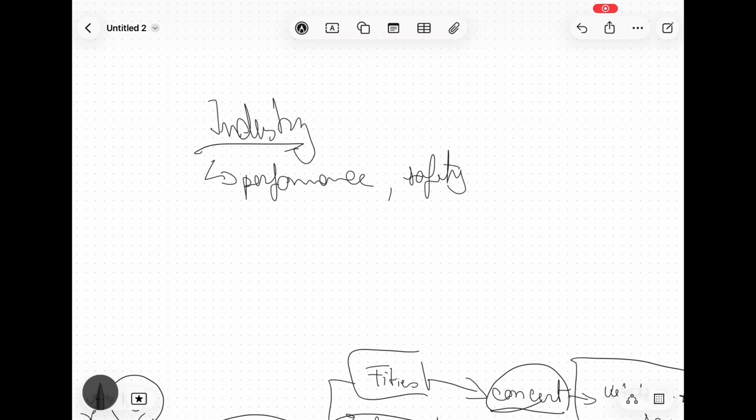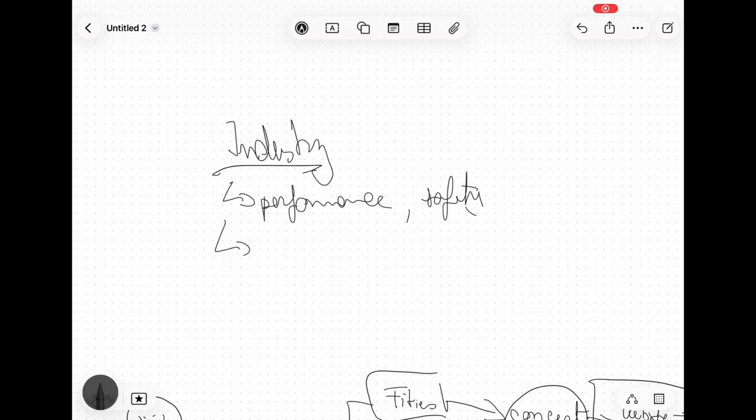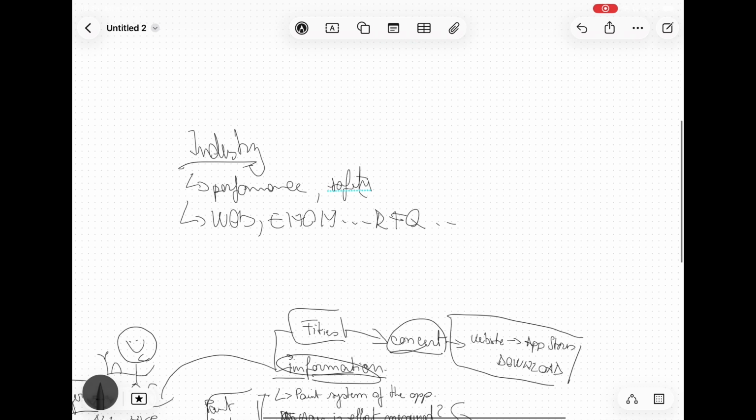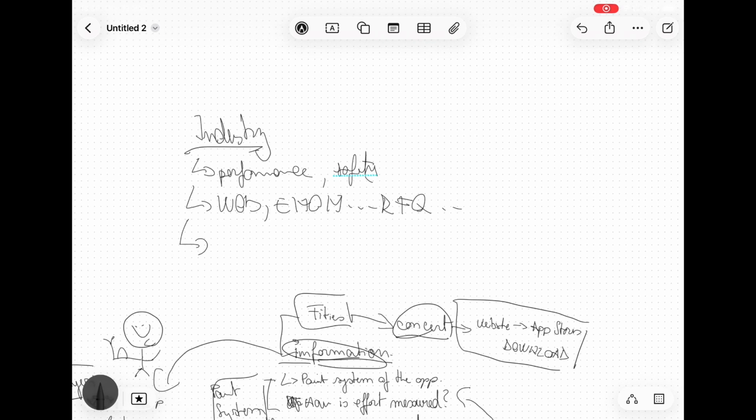Good. And when it comes to jargon, we have a very specific language that CrossFit comes with, namely WOD, which is the workout of the day, EMOM, which is every minute on the minute, and RFQ, rounds for quality, etc. Cool. Now, what's the tone of voice and design language? Perhaps this is not as important for this stage of your website development, but it's still good to observe it.